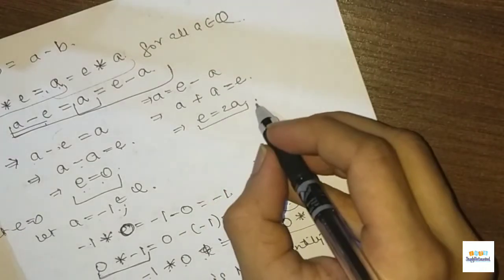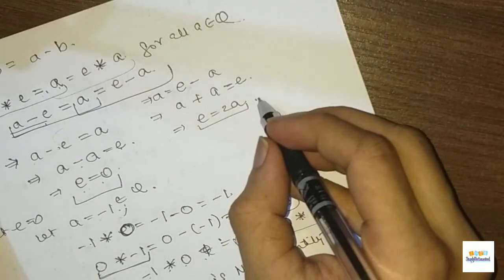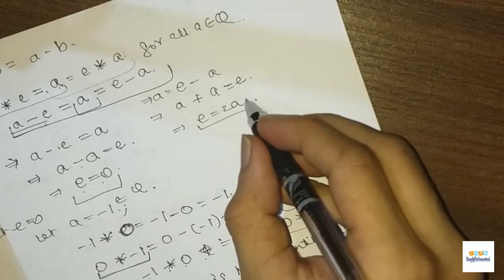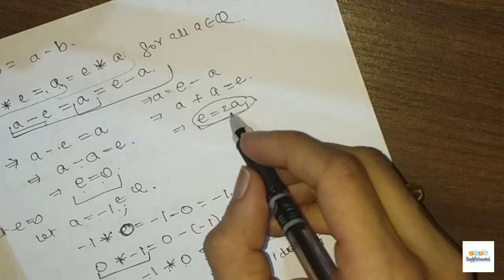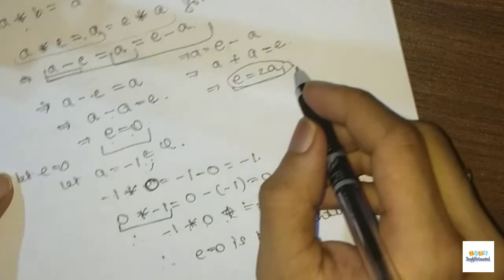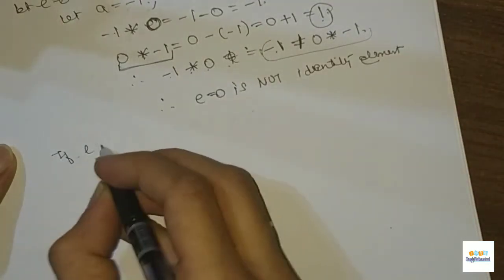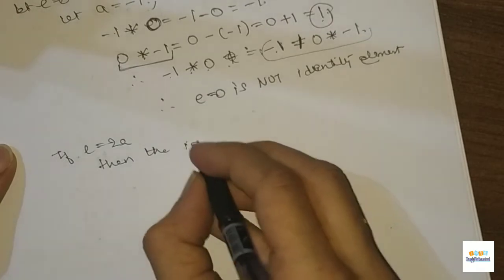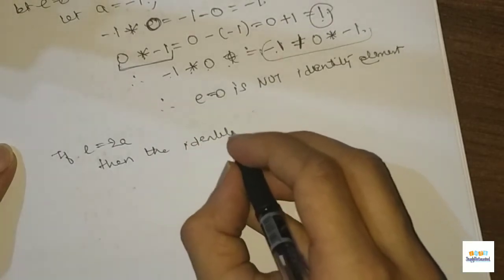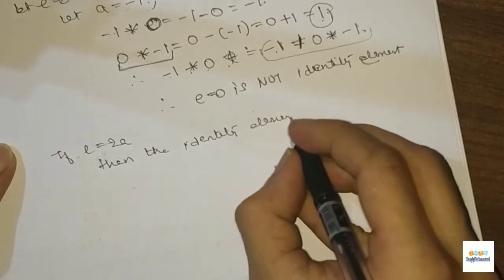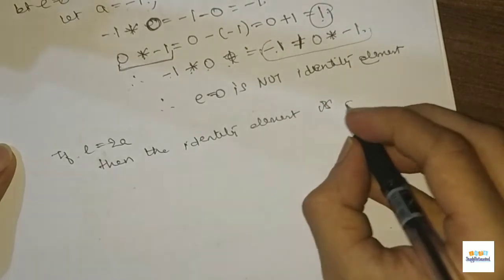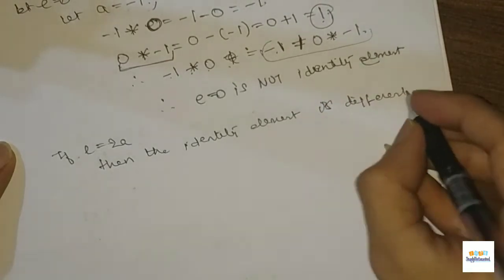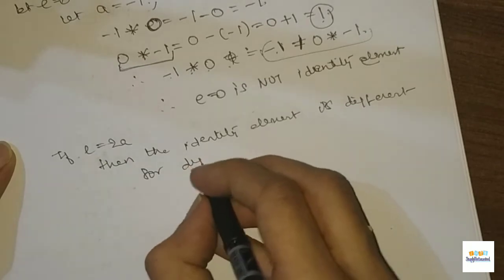And the second case was e is equal to 2a, right? So e is different for different a here. If e is equal to 2a, then the identity element is different for different a.